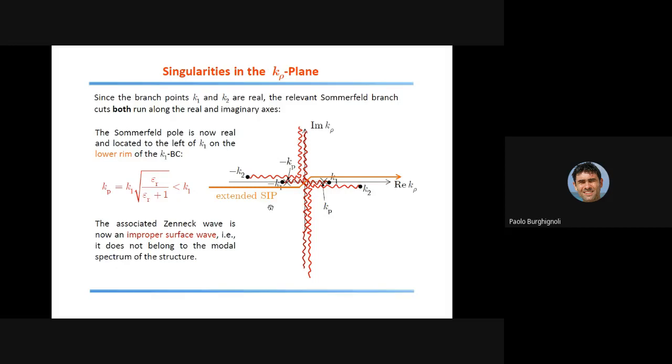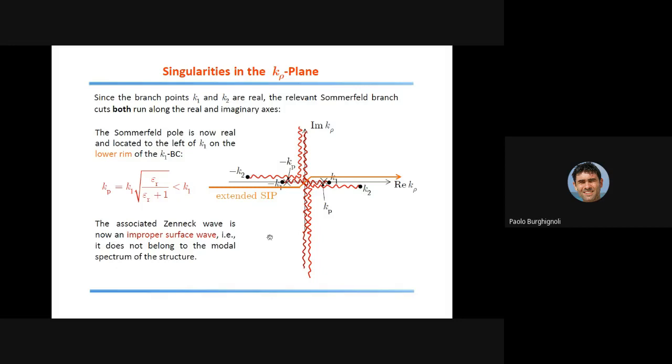We observed last time that our integrand has a single pair of poles, the Sommerfeld poles, that in the case of a lossy ground give rise to the Zenneck wave. However, here we are assuming that the media are both lossless. So this pole is located exactly on the real axis. As you can see, here we have kp on the positive real axis and its negative counterpart, minus kp, on the negative real axis.